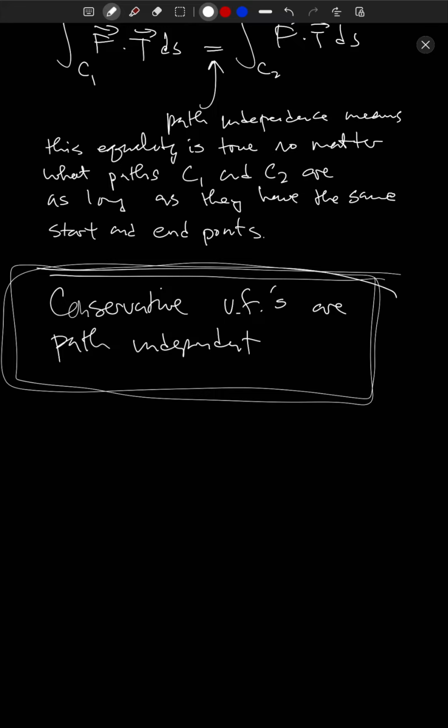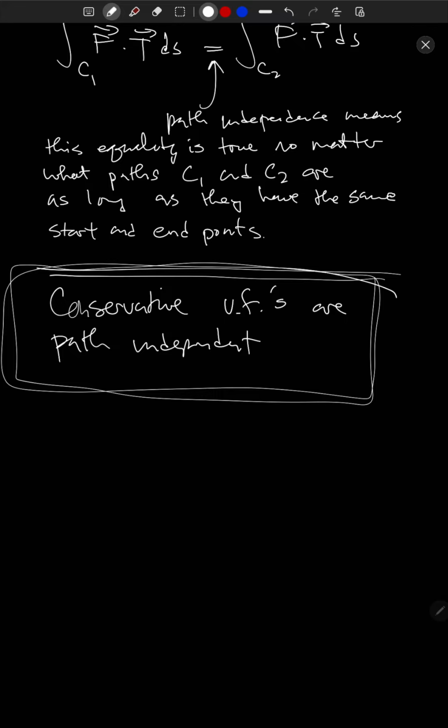That's conservative, and if you've taken physics, you know it is path independent, because from physics class you know the work done by gravity only depends on your initial height and your final height. So it only depends on your position, not how you got from your initial height to your final height.